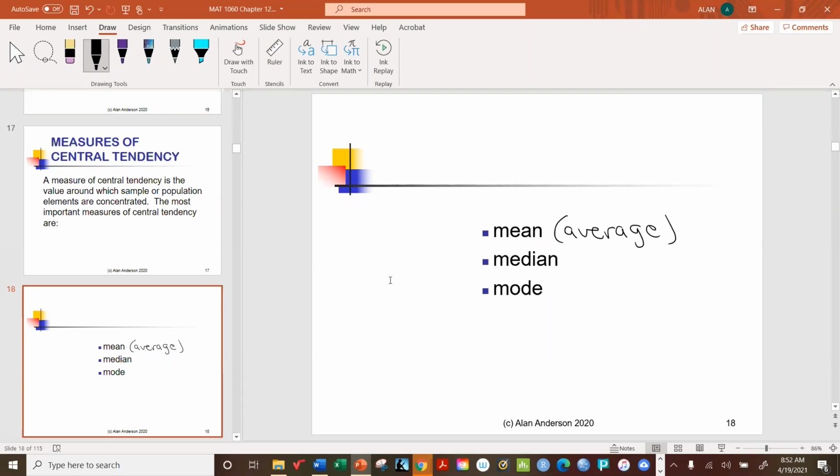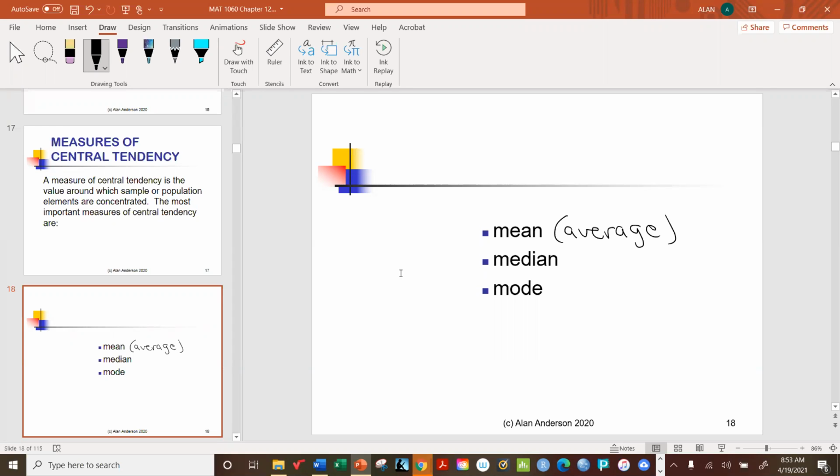Okay. Now, everybody intuitively, I think, knows how to calculate an average. If I wanted to know, for example, the average commuting time of all the students in this class, I would write down for each person what your commuting time is.